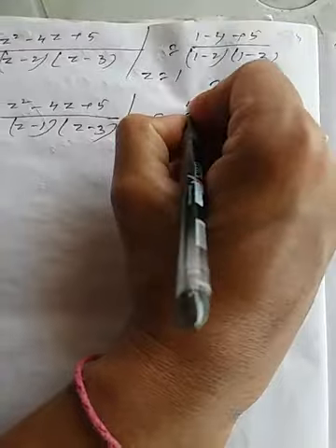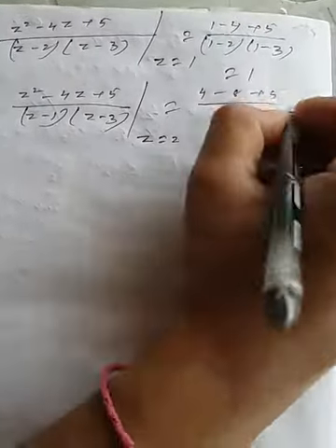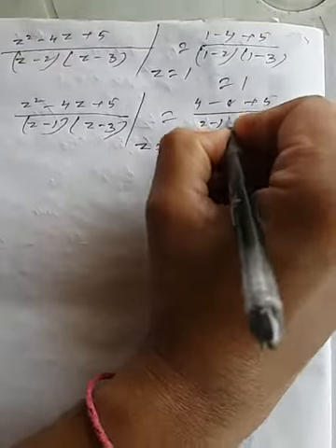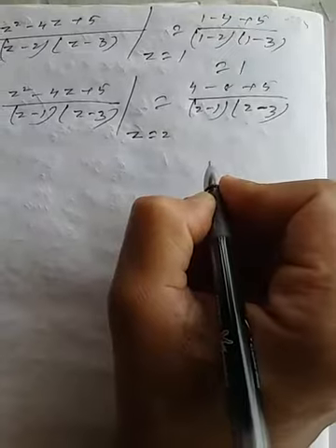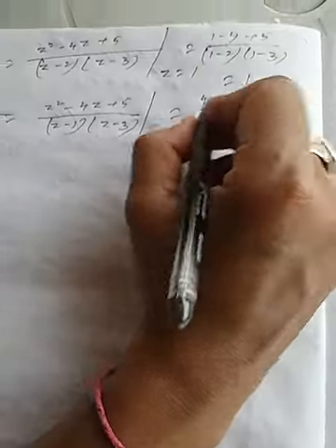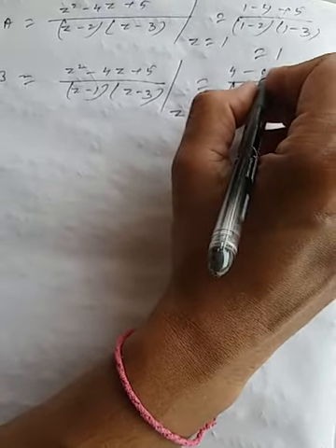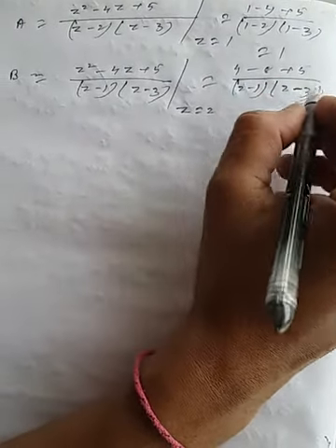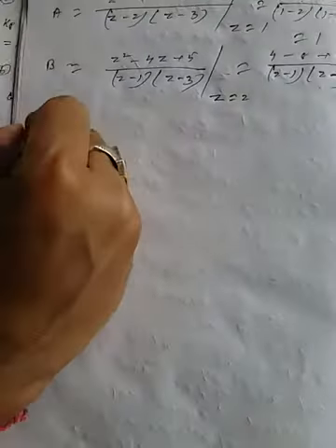So here will be 4 minus 8 plus 5 divided by 2 minus 1, 2 minus 3, right? So this value will be equal to 9 minus 8, so that is equal to 1, and here is 1 and minus 1, so the value will be equal to minus 1, right?